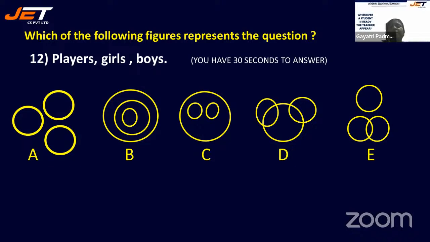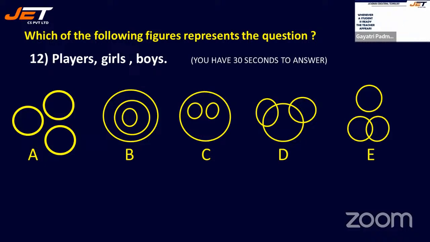It's already started, in fact. Let's quickly do it. So players, girls, boys. Is it option A, option B, option C, option D, or option E? Think over nicely with the clue that I have given. Players can be both girls and they can be boys. Right? Yes. So your time is running. In fact, it's going to get over, 30 seconds.